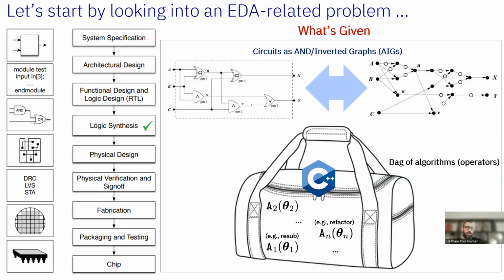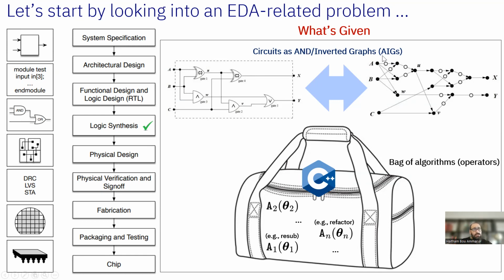And how does it really work? Well, the first thing is that you would take a Boolean function you would like to model, right? And then you will take that circuit and transform it into what we call AIGs, AND inverter graphs.